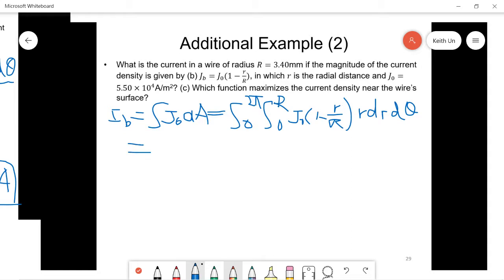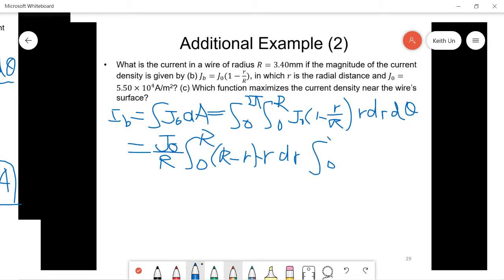Similarly, J0 and capital R are constant, so we can factor them out, and we have the integral from 0 to R of (R minus r) r dr, and the second one will be the integral from 0 to 2 pi of d theta.